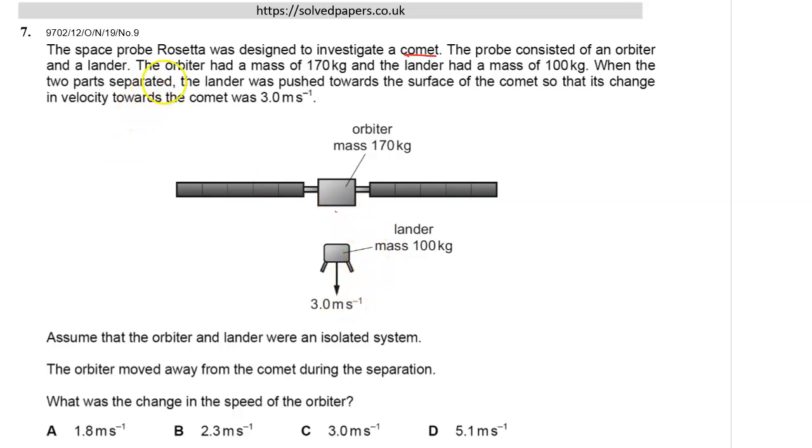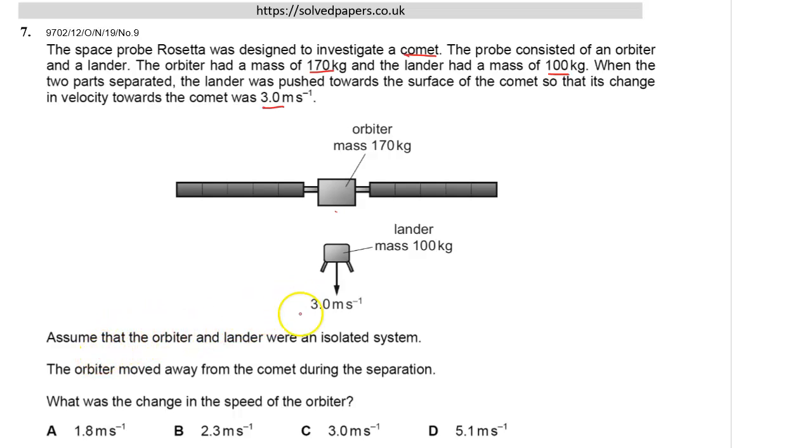The orbiter has a mass of 170 kilogram, and the lander has a mass of 100 kilogram. When the two parts separated, the lander was pushed towards the surface of the comet, so that its change in velocity towards the comet was 3 meters per second.